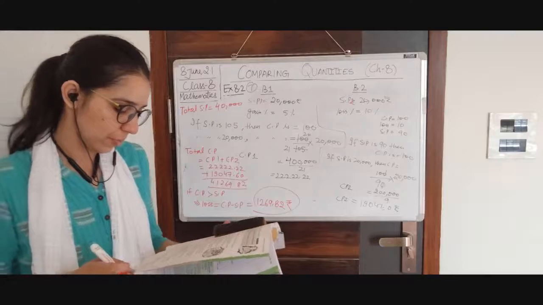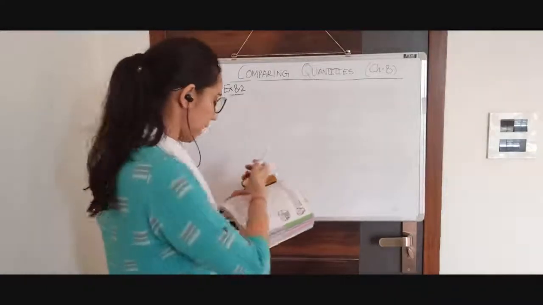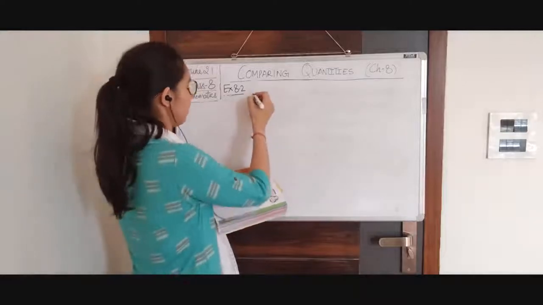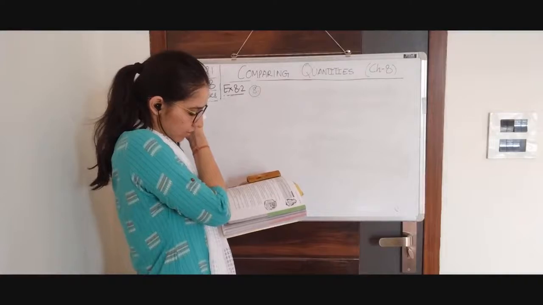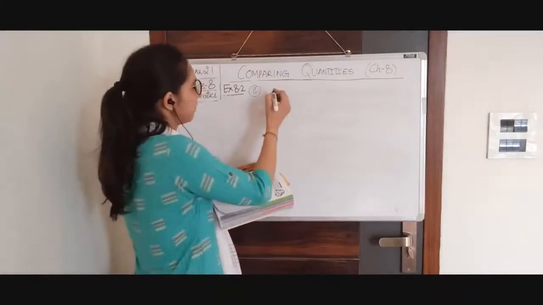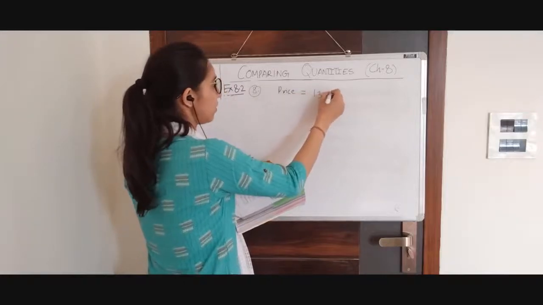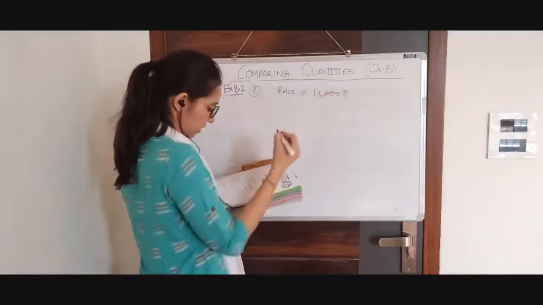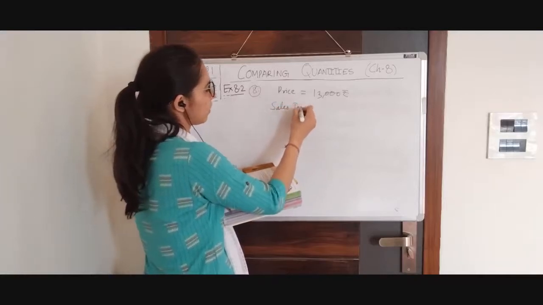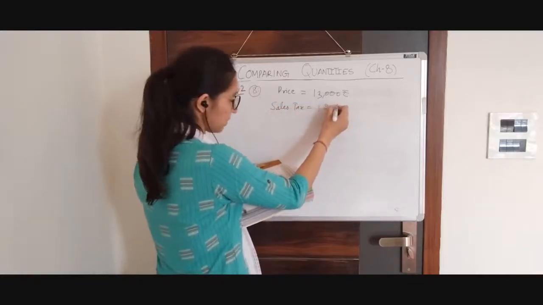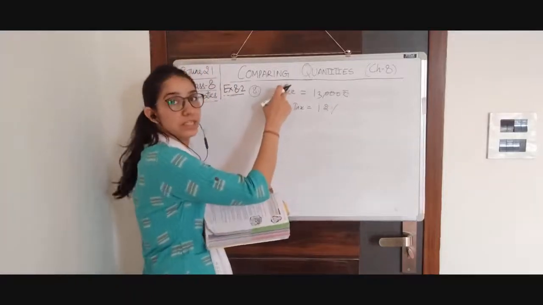Now question number 8. Question number 8 says that price of TV is this, sales tax is this. Price is rupees 13,000, then sales tax. Now we are talking about taxes. Sales tax is 12%. Sales tax is charged on this price.